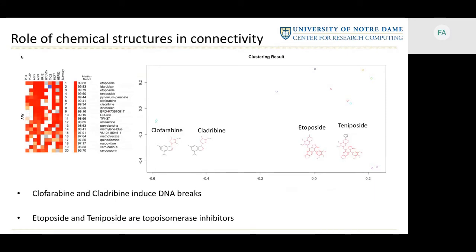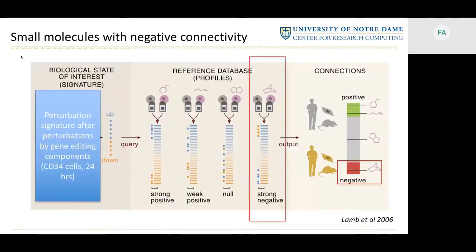We're also investigating the role of the structures of these small molecules. So we see, for instance, that many of these molecules have similar chemical structures that could underlie the responses observed.